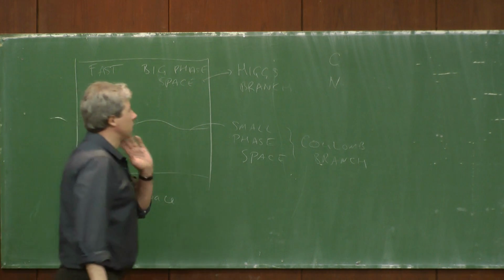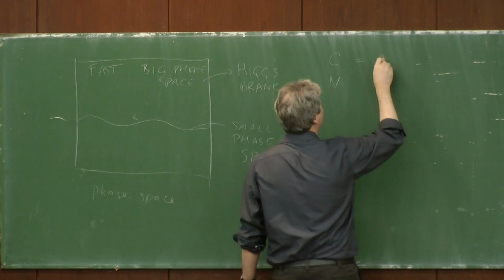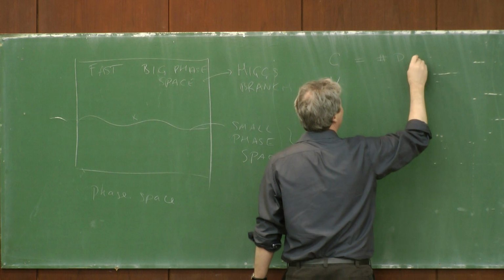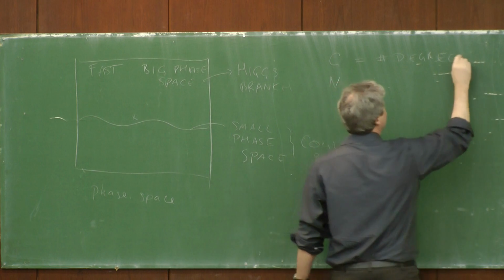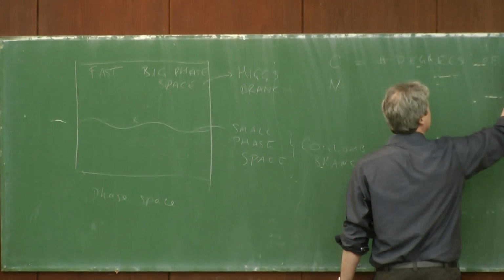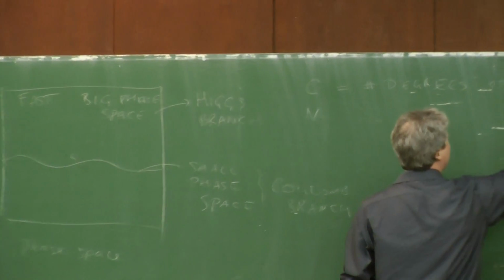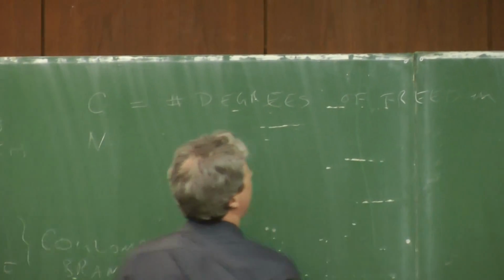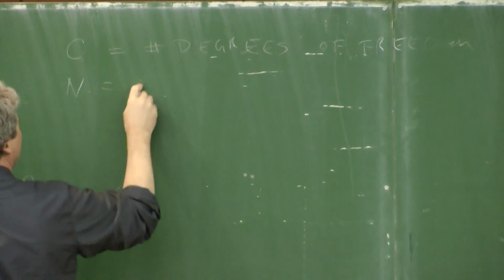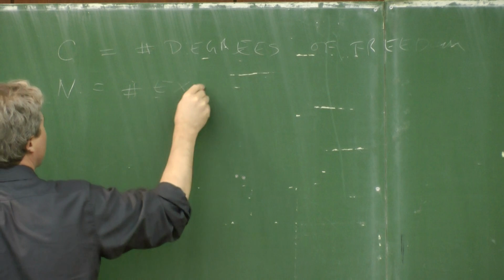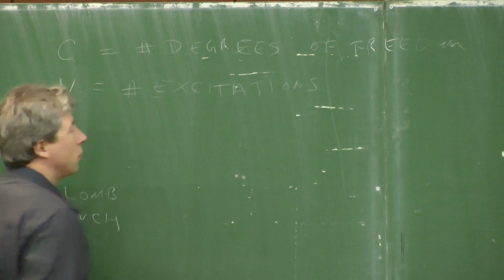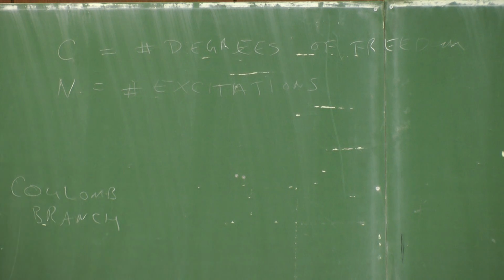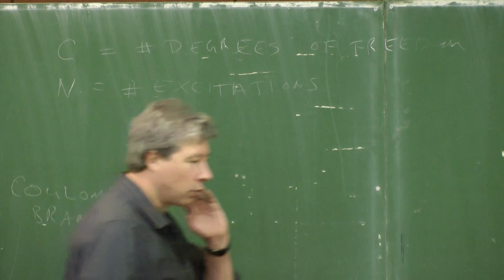C you can think about as the number of degrees of freedom, sort of like what we do in conformal field theory, and call it the central charge. And N is more like the number of excitations, which is more like, say, L naught, like you have in a conformal field theory.